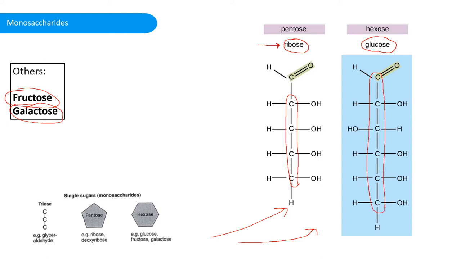Now, if we count the amount of carbons on ribose, 1, 2, 3, 4, and 5, which is what gives it the name pentose. It's a pentose sugar because it's got 5 carbons in it. And it doesn't take a genius to work out, glucose is a hexose. Guess how many carbons it is? Well, I'll let you count them.